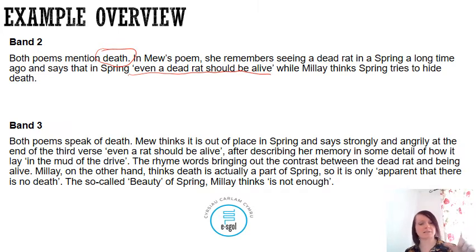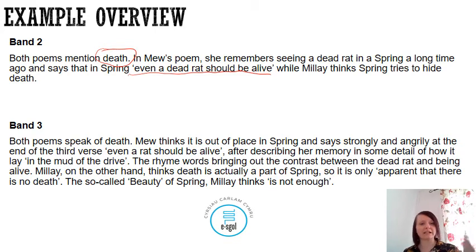and in this particular response, when we're looking at the band 3 overview, we're not really getting that coming through. There is just a quick link then to Millay, who, on the other hand, thinks death is actually a part of spring.